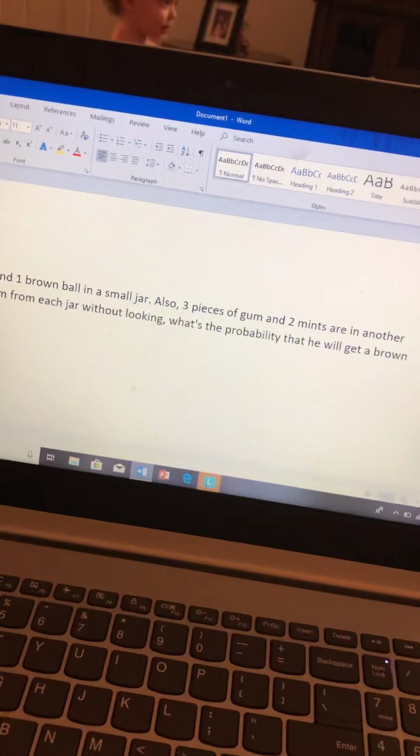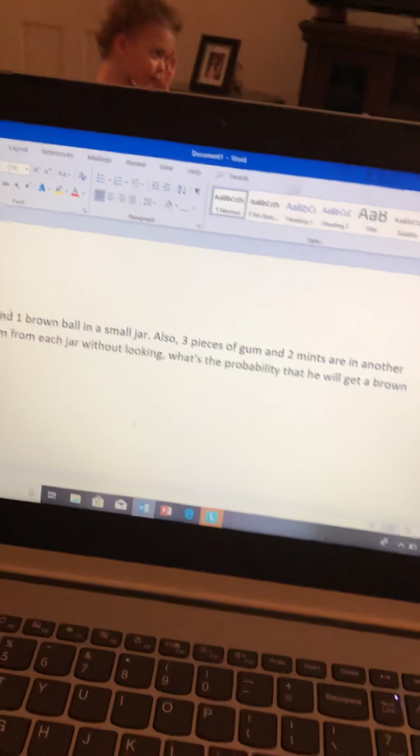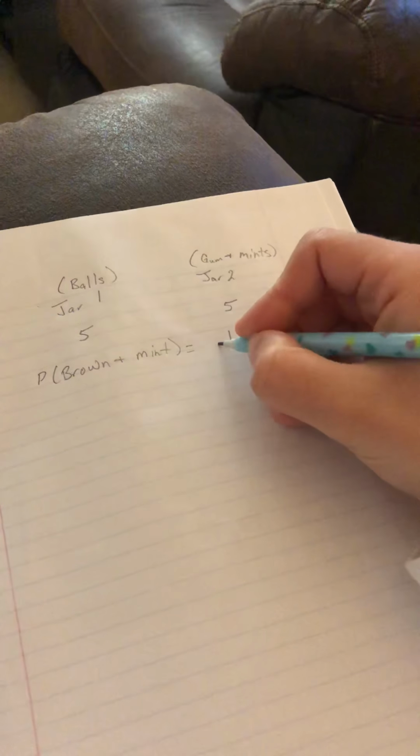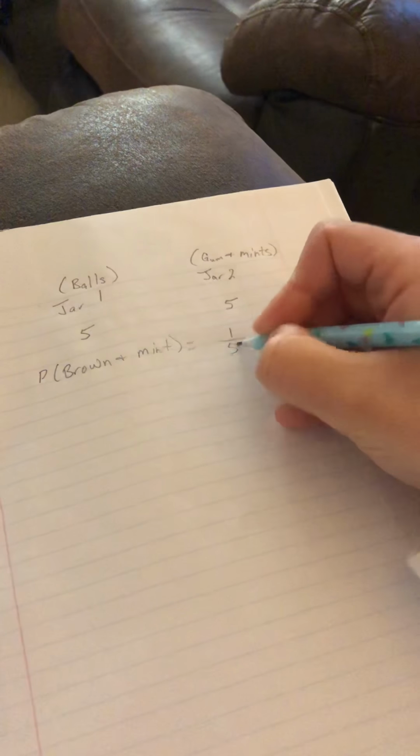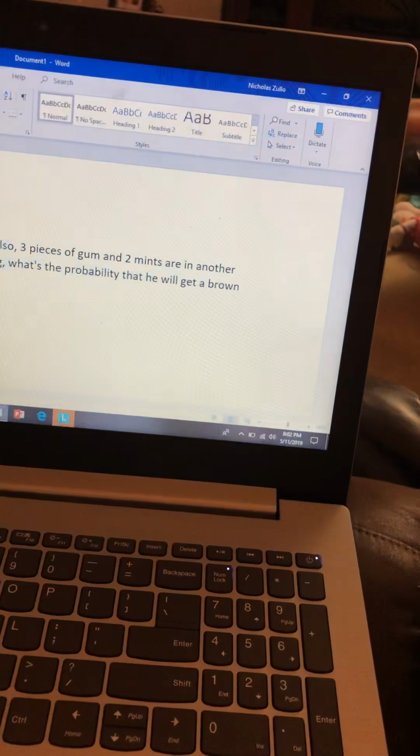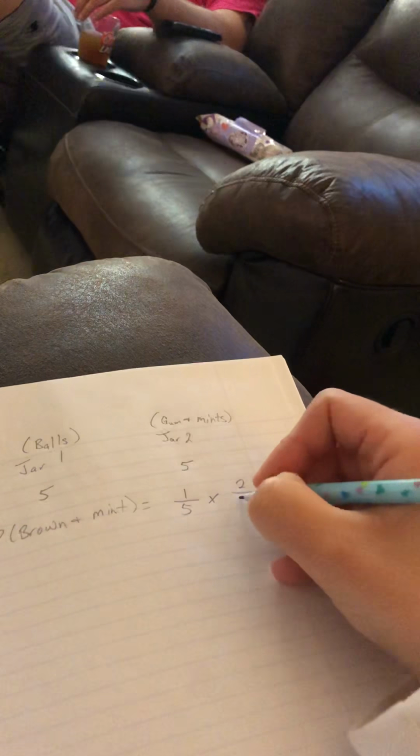There's 1 brown ball, I'm sorry, out of 5 in the jar. And there are 2 mints out of the 5 items in the second jar.